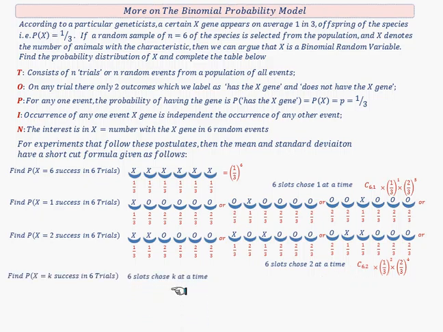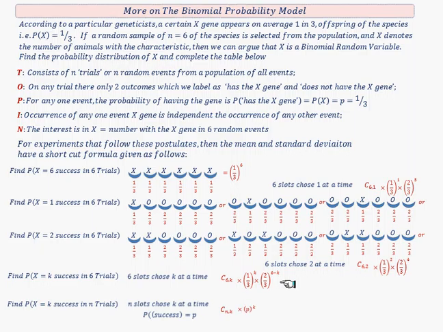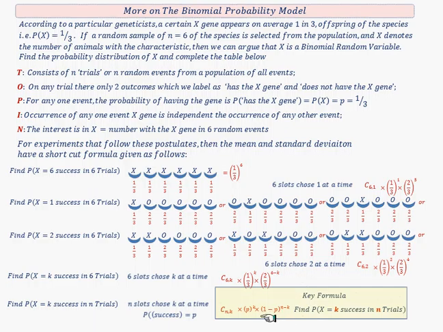And generally for k successes in 6 trials, we just modify this to be 6 choose k, one third to the k, two thirds to the 6 minus k. And generally for k successes in n trials, we modify the formula as follows: n choose k ways of getting k successes in n trials, each having probability given here on the screen, and that's called the key formula here. You should know this.